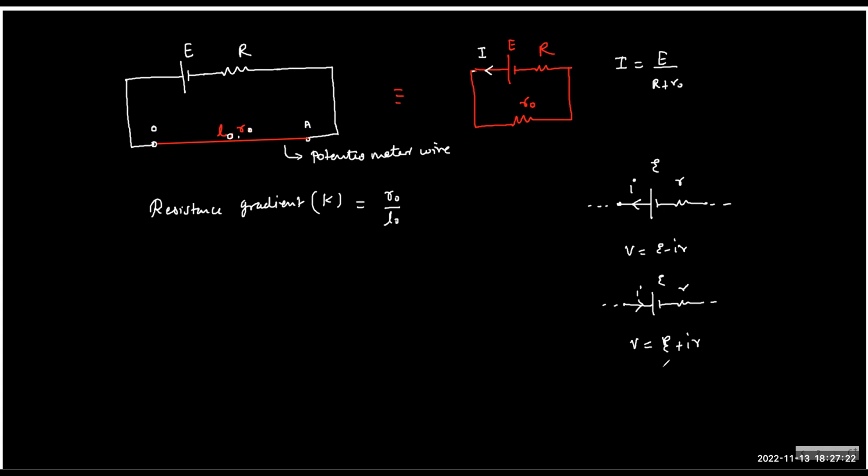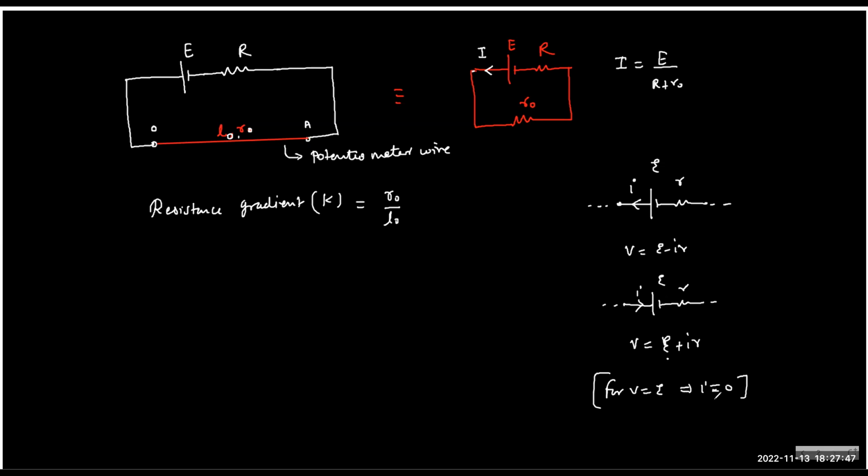But what we are looking for is E, right? What we are looking for? E. Only E. We don't want V. In terms of measurement, we can measure V actually, but we are looking for E. So that is only possible when V equals E, which implies I must be 0, correct?